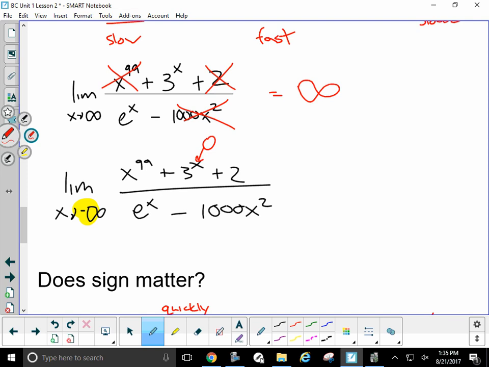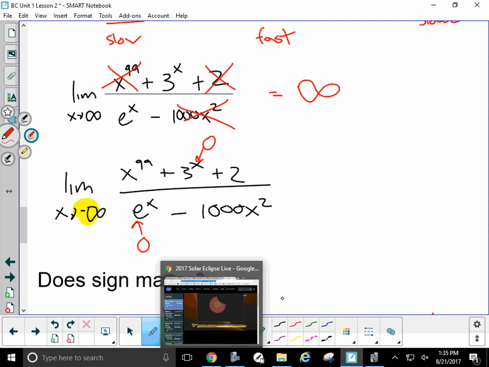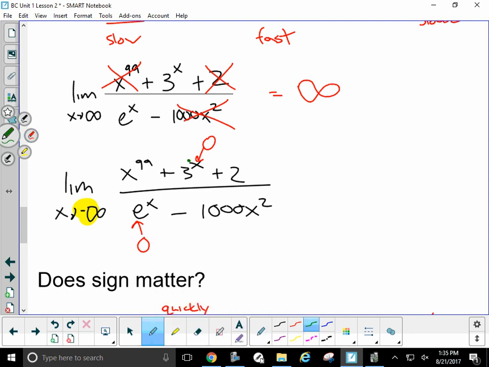It turns into a non-growth function. And this turns into a constant. So it's actually in this direction, that goes away, that goes away. And this goes away. As we're approaching negative infinity, this is growing faster than this. It ends up x to the 97th over negative 1000. This is interesting.